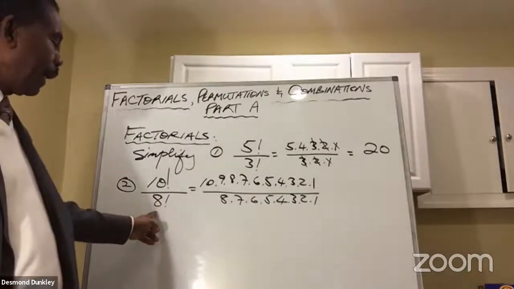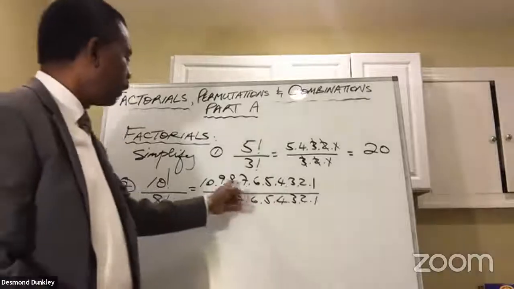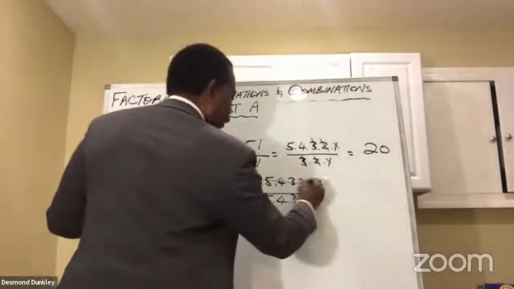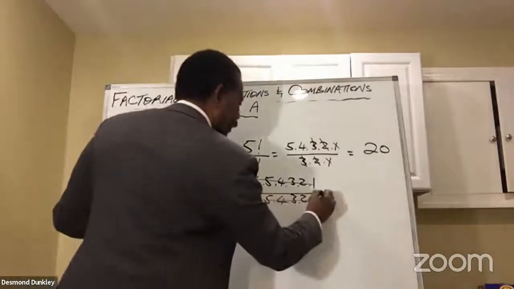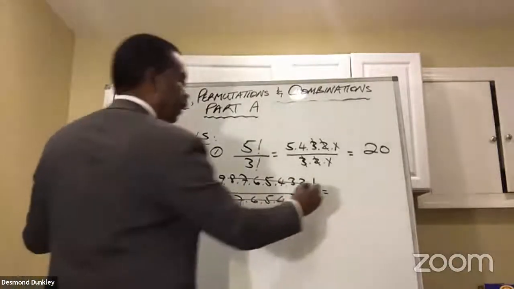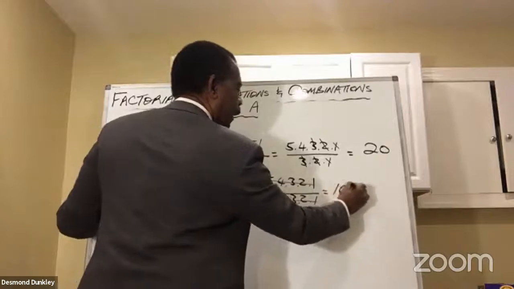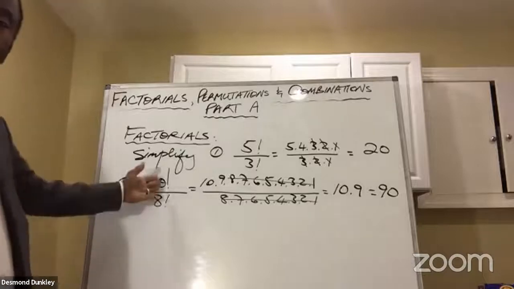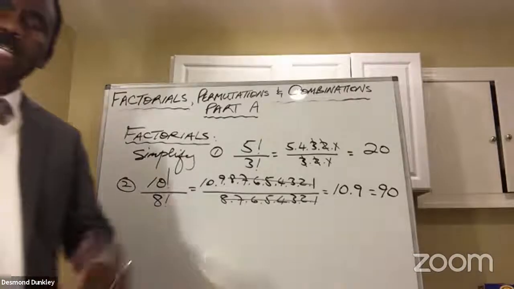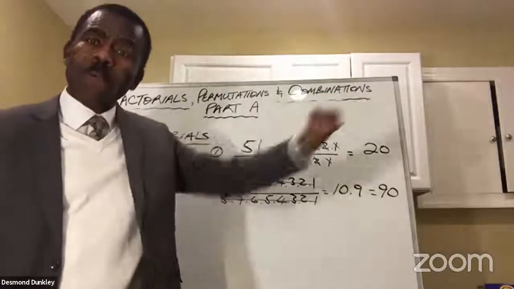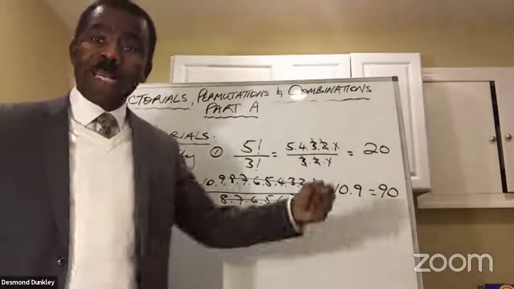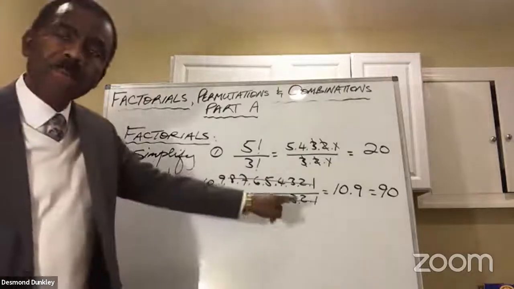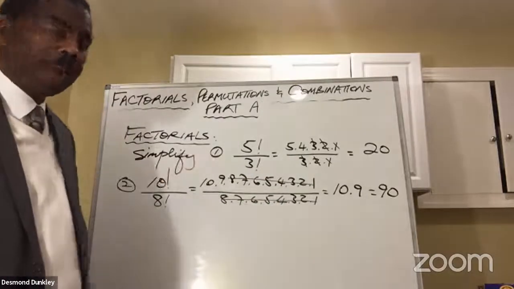You notice that the 8 factorial would cancel the last 8 items. So all these will be canceled by this, and you're left with just 10 times 9, equal to 90. So instead of finding 10 factorial, getting a number, finding 8 factorial, getting a number, and then dividing, you could actually cancel the last 8 items because they are duplicated top and bottom.